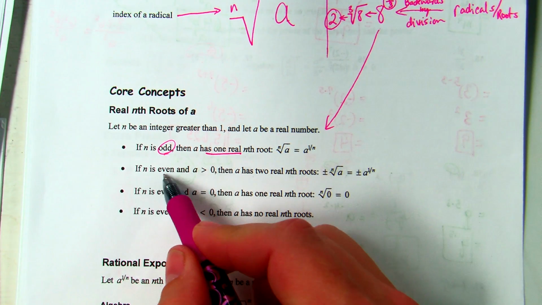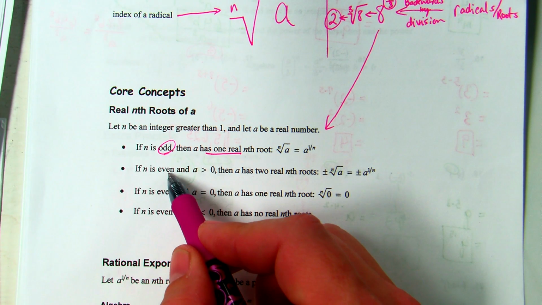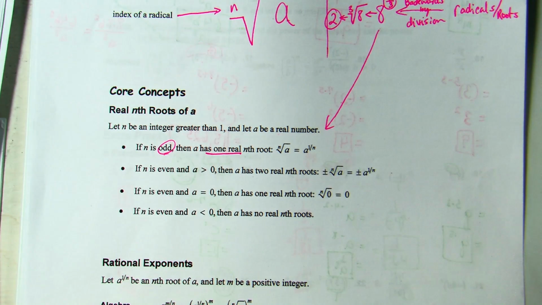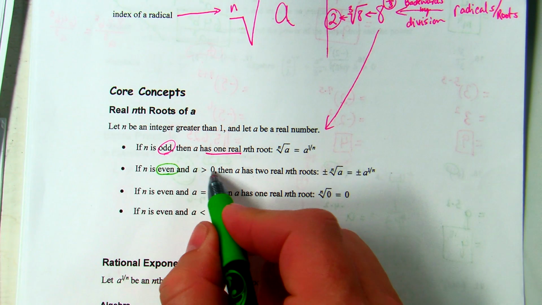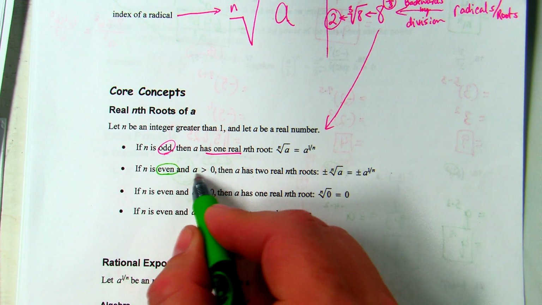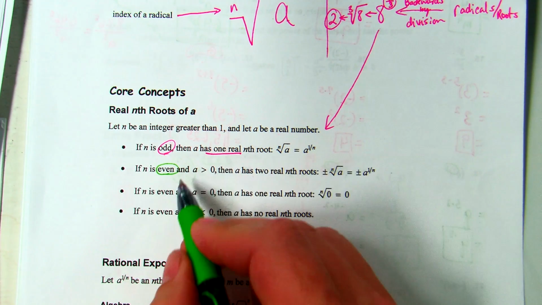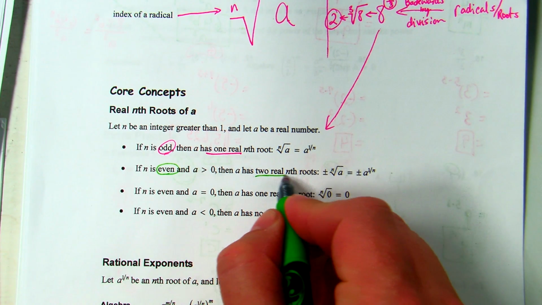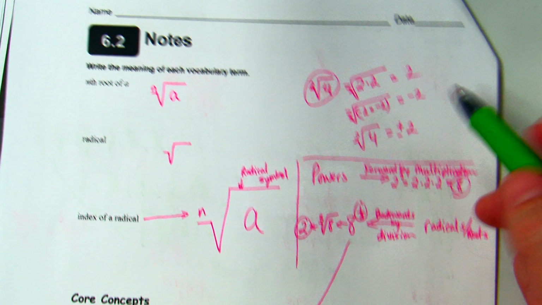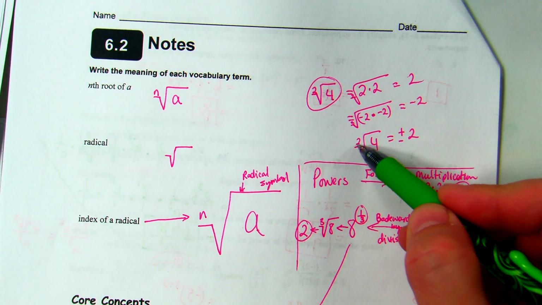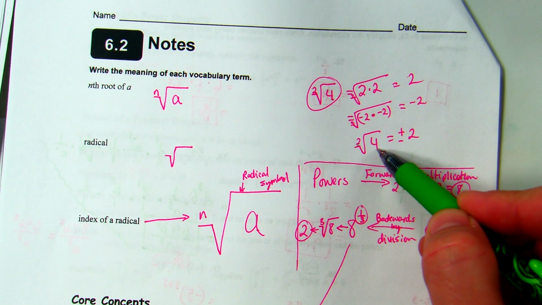If n is even, so we talked about odds, now if n is even and a is bigger than 0, it can't be negative, it has to be positive, then a has 2 real roots. We addressed that at the top when we talked about this right here. N is even, a is greater than 0.